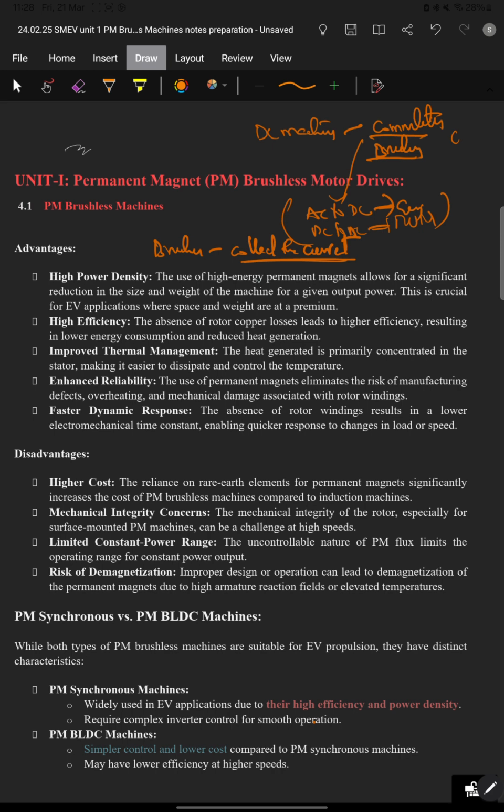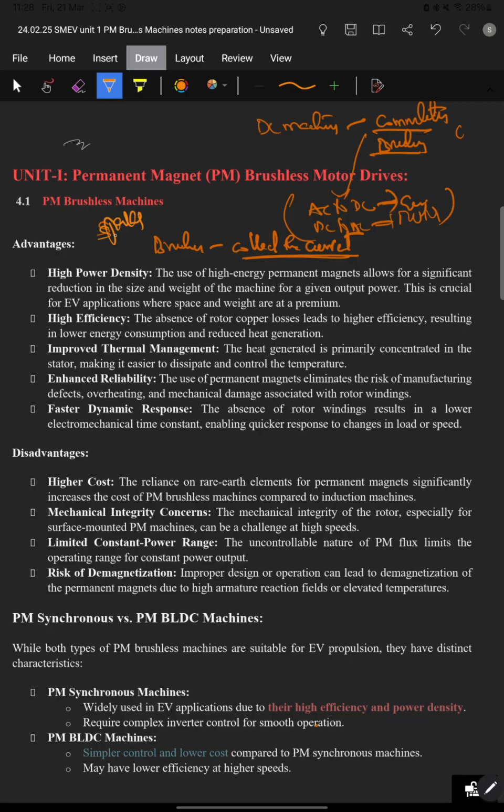Whenever we use a commutator in DC machines or in a slip ring induction motor, there is more chance of sparks that may occur in the machine, and brushes collecting the current have high chances of sparking.